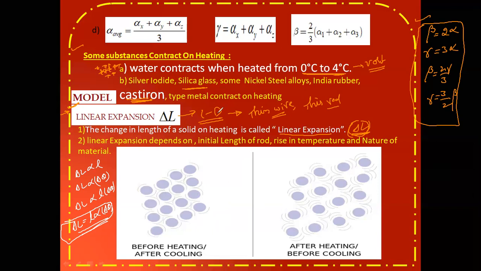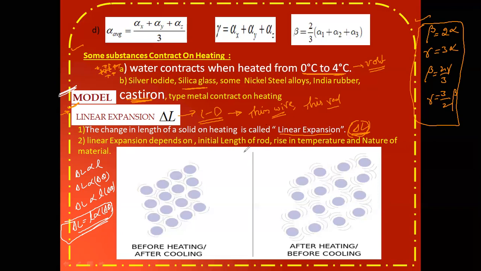For the entire discussion, the points we have to keep in mind from this slide are: all materials do not expand when we supply heat energy. Some of them contract, for example between 0 degrees Celsius and 4 degrees Celsius.